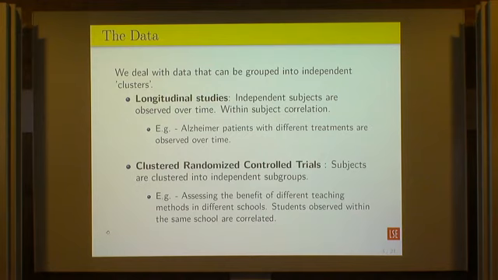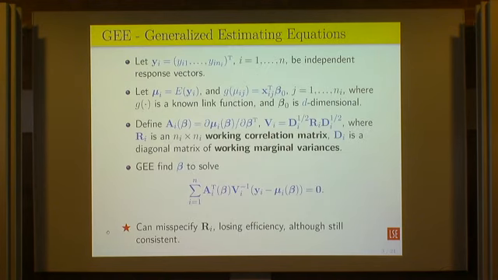For instance, if we want to look at some school-wise policies and how they affect different schools, then students within each school should really be treated as correlated individuals. Okay, so I don't mind all the equations, I'll talk through them one by one.